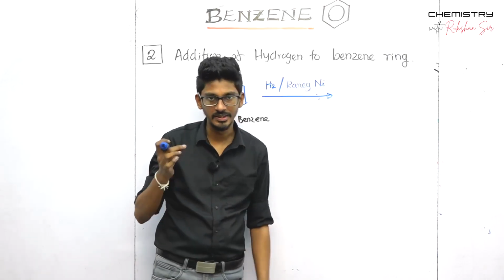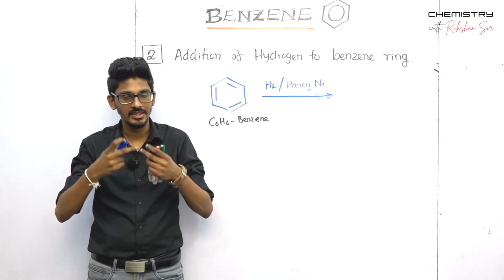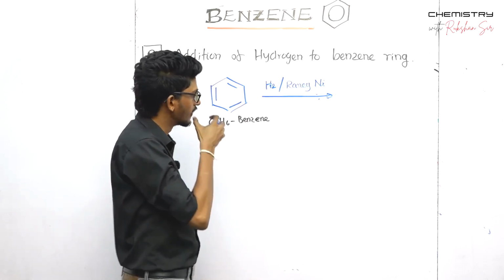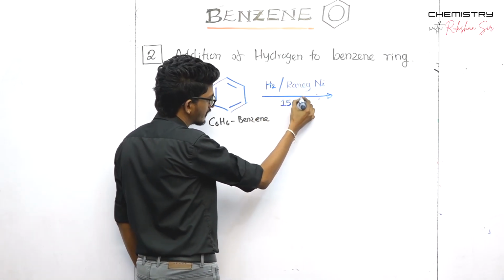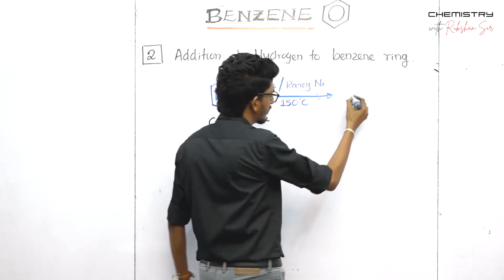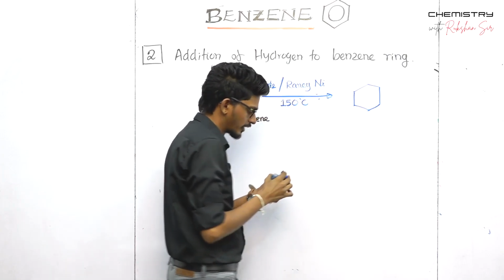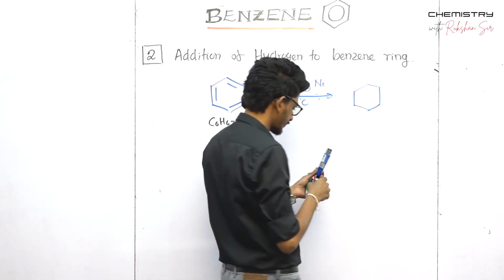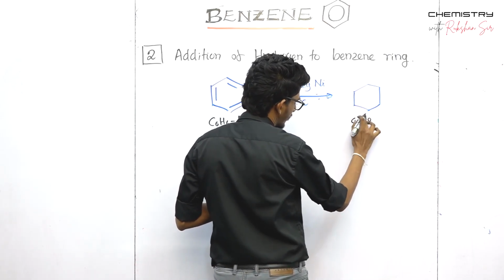That means it is the powdered form of nickel, highly activated nickel. Your catalyst is activated here. Some extreme conditions are used, even 150 Celsius. These conditions are needed. With these conditions, you are able to come up with this compound, which is known as cyclohexane.